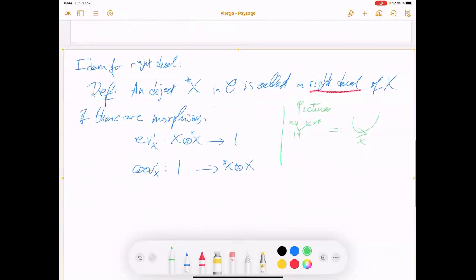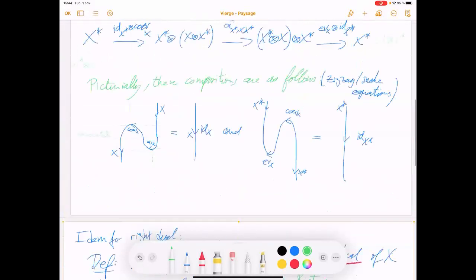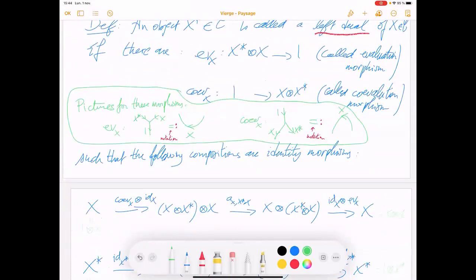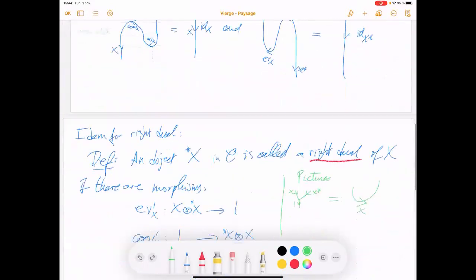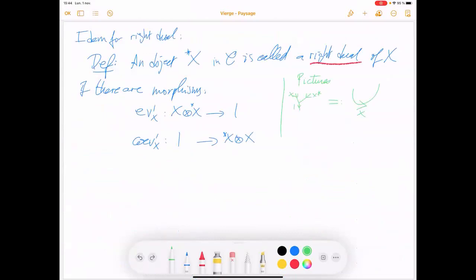Now for the evaluation map, you have the x going from left to right. Here x is going from right to left. And same for the co-evaluation map. You start from 1 and you go there. So it's star x tensor x, and you draw it like that. Again, with x on the other side.